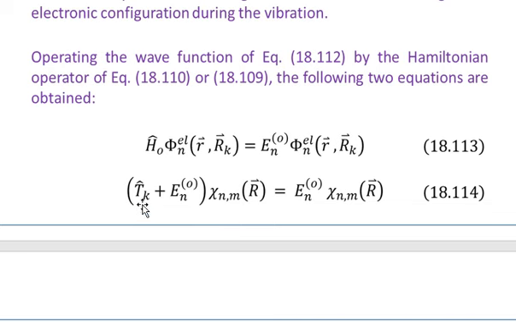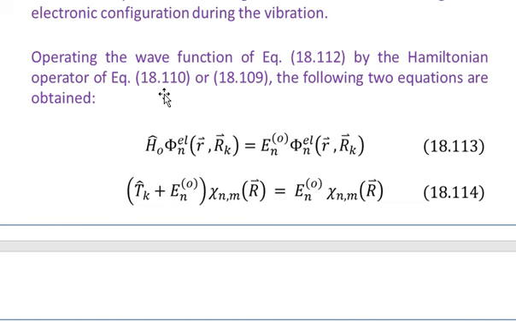So you can see that I have Tk operator plus the energy En, the zeroth order energy En of 0, and then these two will operate on the wave function chi n m as a function of R, and you will again get the zeroth order energy En of 0 and then chi n m of R. So you see that these two equations can be obtained very easily, as I have stated, that you operate the wave function given in equation number 112 either by the Hamiltonian shown in equation number 110 or shown in equation number 109. And there you can very easily find out these two equations.